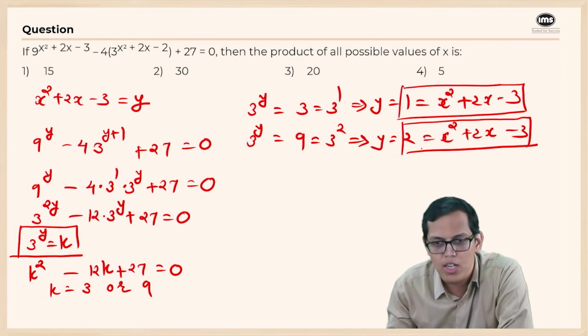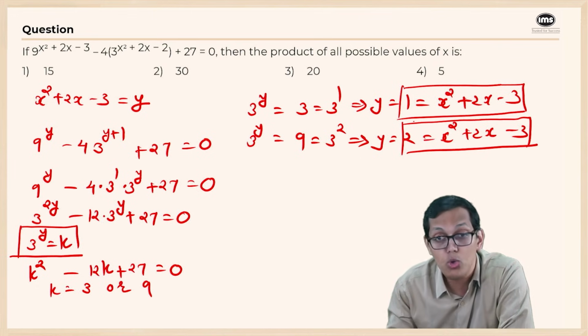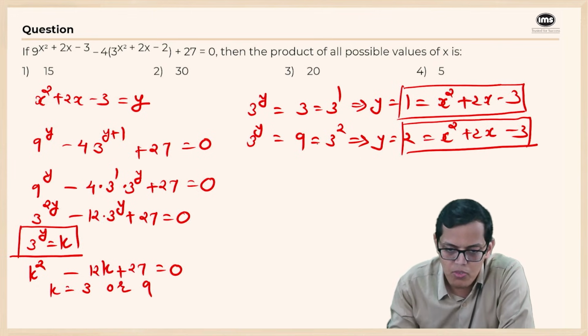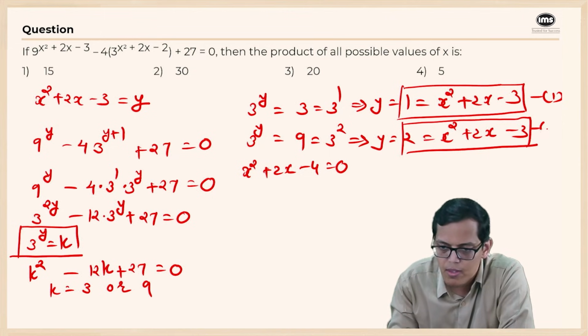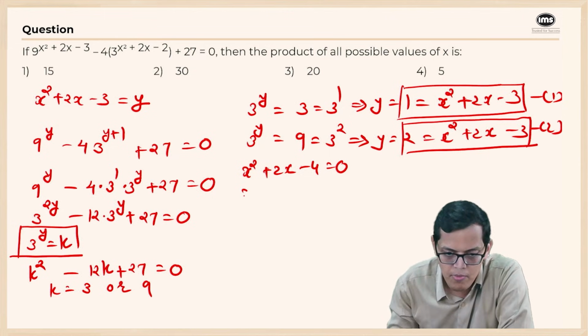So we don't want values of x, we just want the product of all the values of x. So the first equation can be rewritten as x square plus 2x minus 4 is equal to 0, and the second one can be rewritten as x square plus 2x minus 5 is equal to 0.